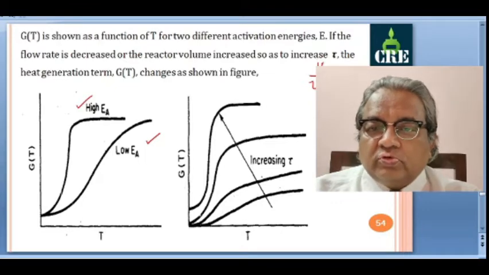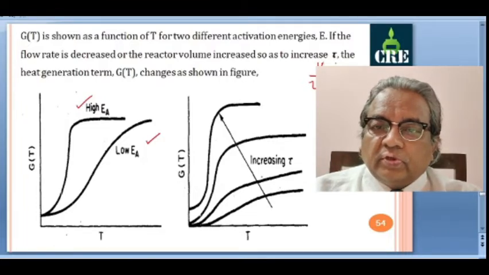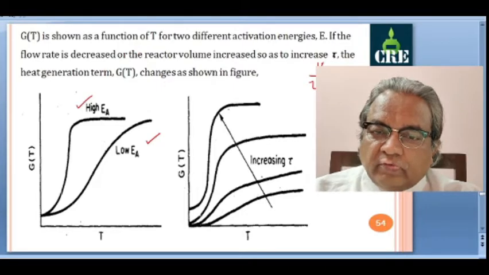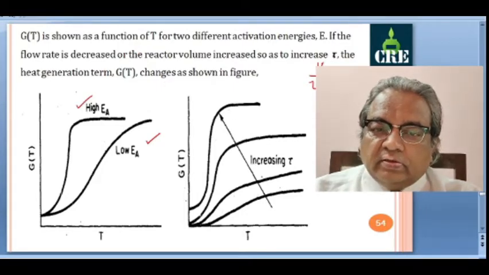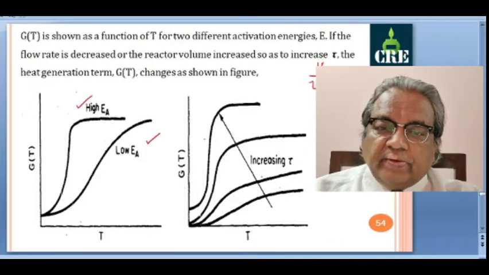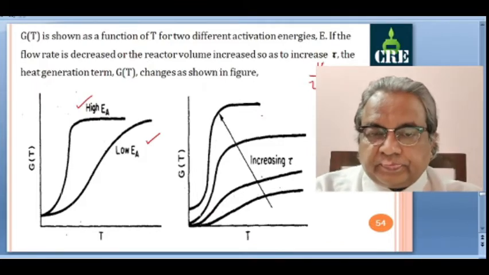Volume mostly will be fixed, you can vary V0. By decreasing this rate, you can increase the value of tau, and by increasing tau in this direction, the generation term will change its shape like this.